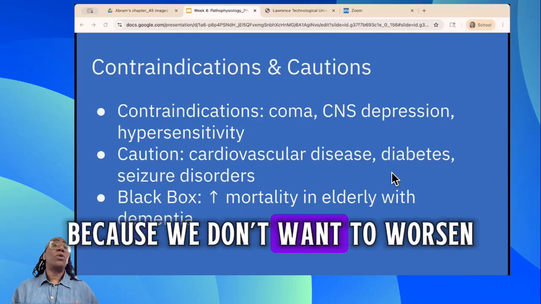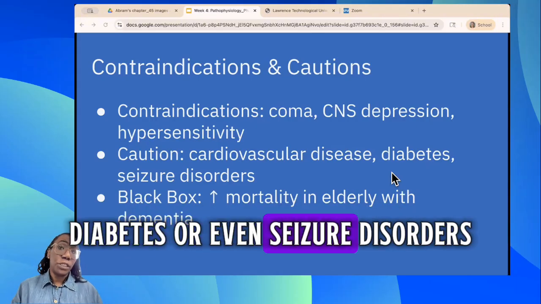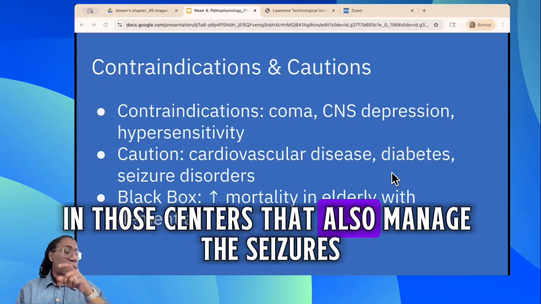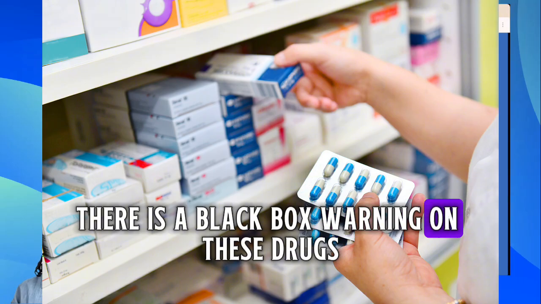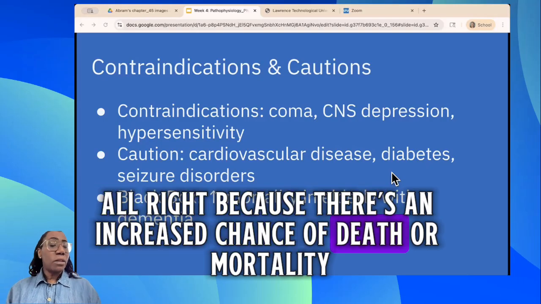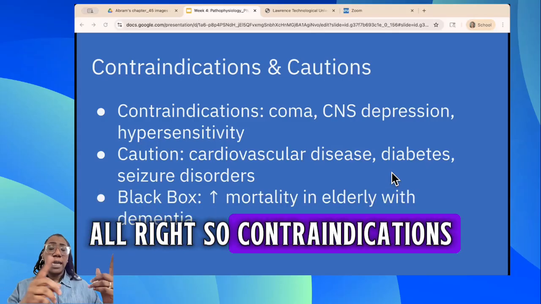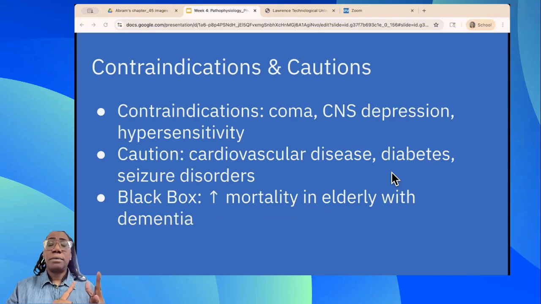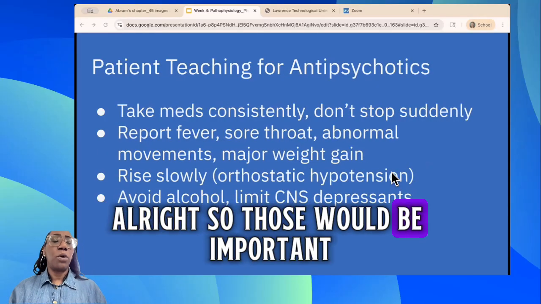Why? Because we don't want to worsen their already present cardiovascular disease, diabetes, or even seizure disorders, because we are fooling around in those centers that also manage the seizures. There is a black box warning on these drugs, because there's an increased chance of death or mortality in folks who have dementia. All right, so contraindications: coma, CNS depression, cardiovascular disease, and dementia. Those would be important.